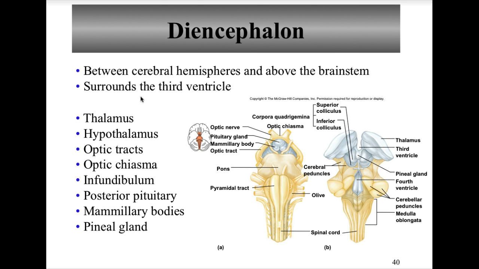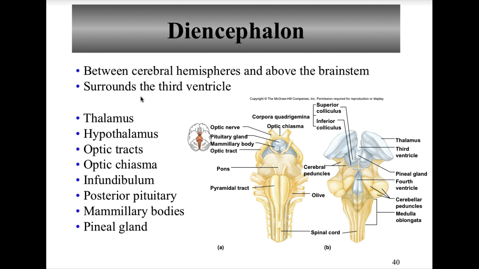The major role of the hypothalamus is as the main visceral control center for the entire body. It's very important for regulating homeostasis. It controls things like heart rate, arterial blood pressure, body temperature, water and electrolyte balance.